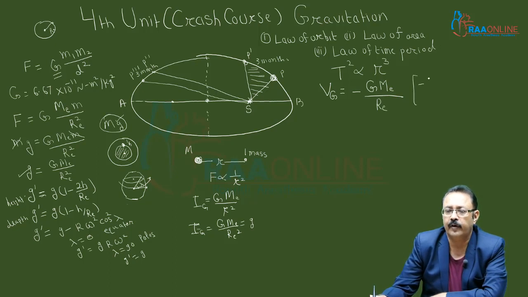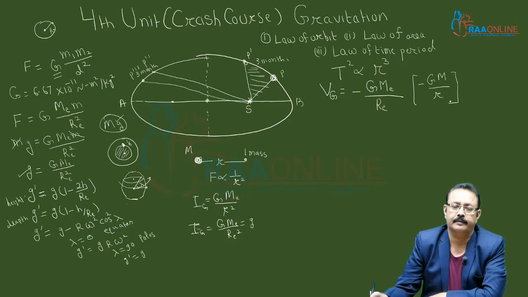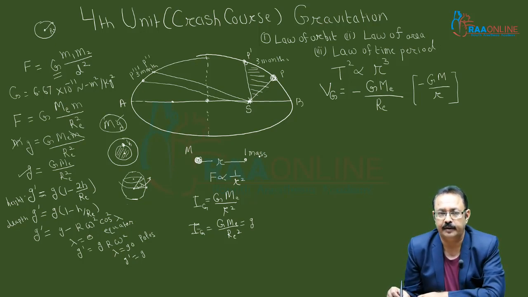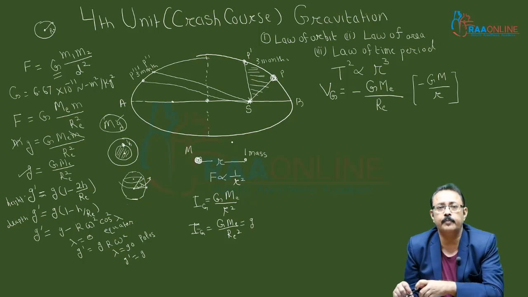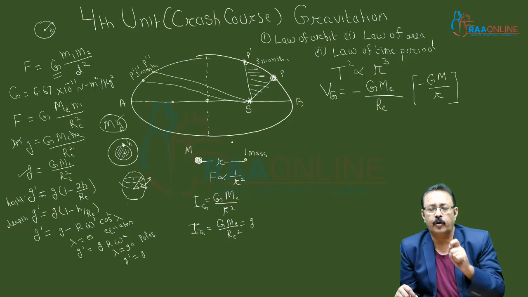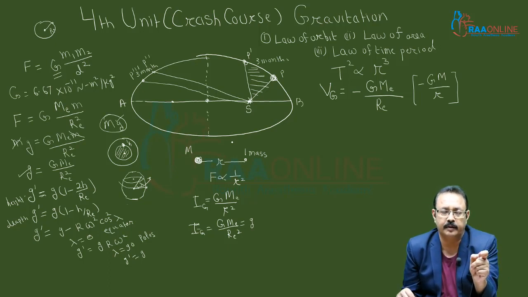Otherwise, for any mass it is minus G m upon r. So with the help of gravitational potential, we can define gravitational potential energy. What is gravitational potential energy? Work done in bringing any mass from infinity to that point.